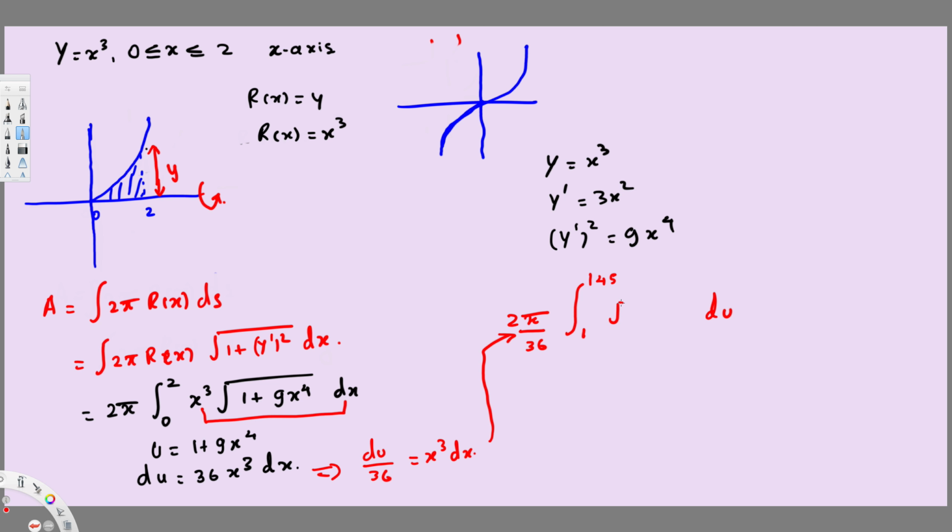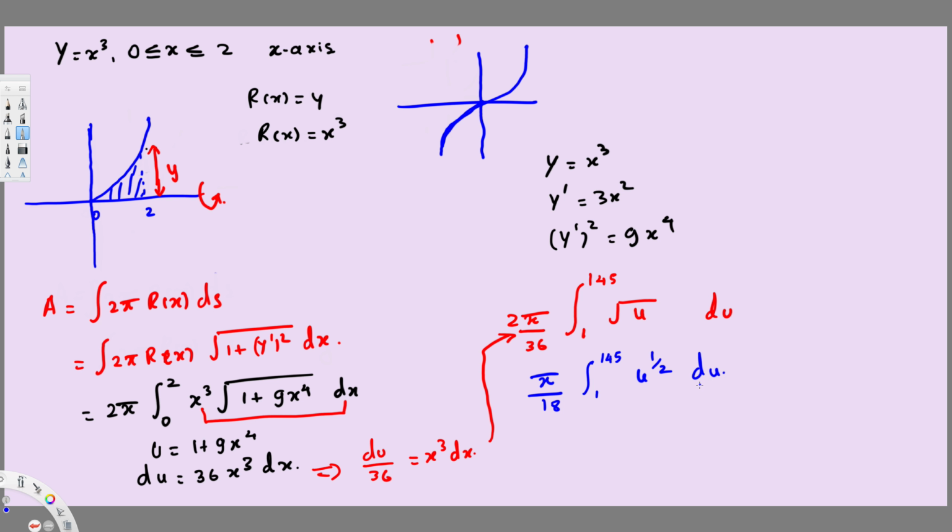So we are going to have square root of u, and square root of u is same as u to the power half, right? So let's write it in that way. We can simplify this one, this is going to be pi over 18 going from 1 to 145, and square root of u is same as u to the power half du.